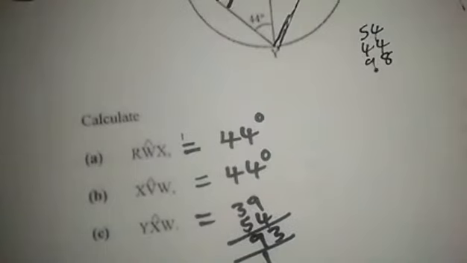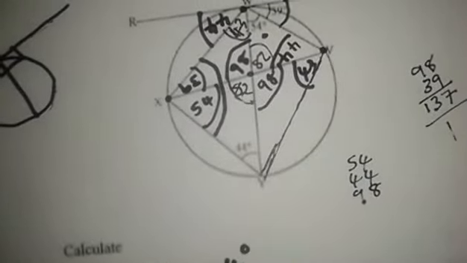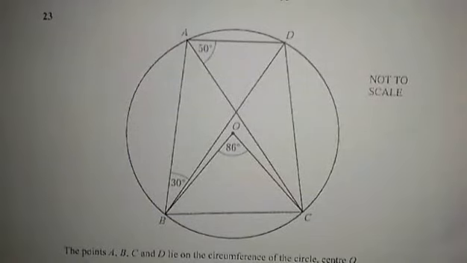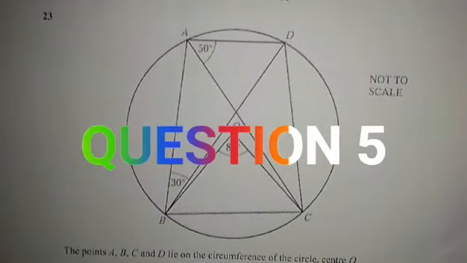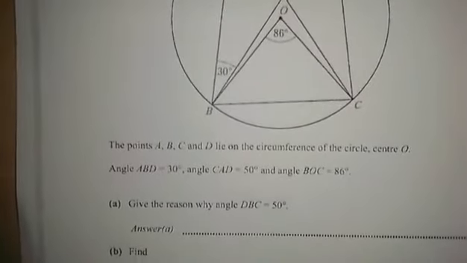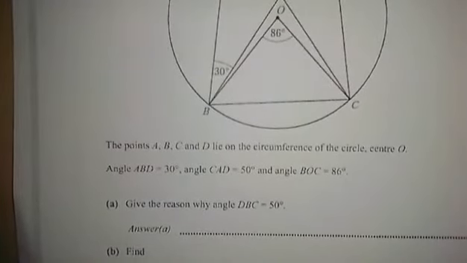I hope you are listening. So I want you to stay tuned as we move on to the next question. Given a circle with quadrilateral A, B, C, D. Right. So what is the first requirement of the question? Give the reason why angle DBC is equal to 50 degrees.